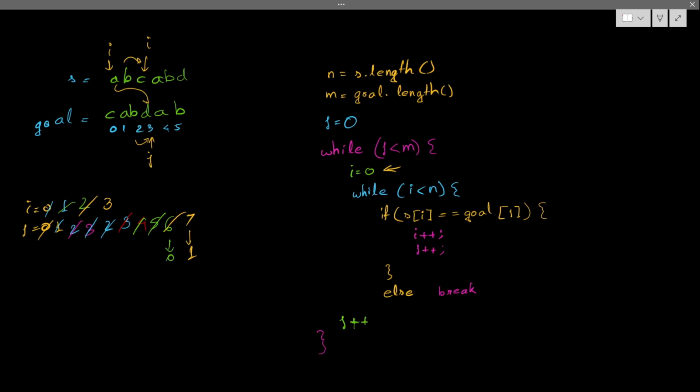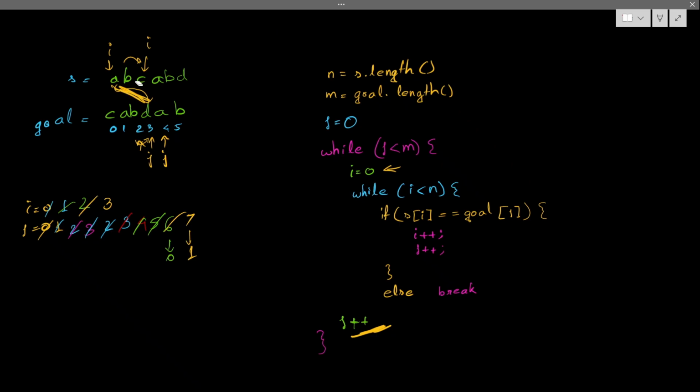If I don't decrease my j, j plus plus will happen here and j will become this. So I will totally skip this checking, A and D.